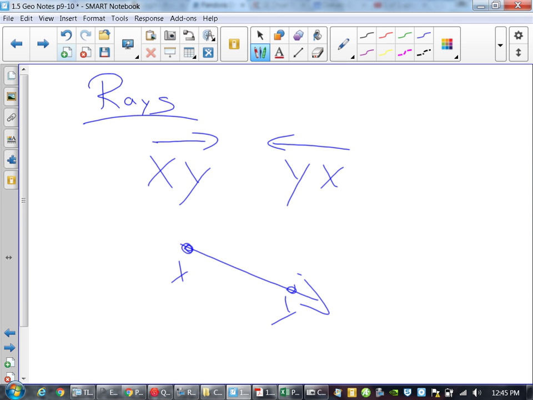Okay. What do opposite rays make? They make lines. Opposite rays create lines.